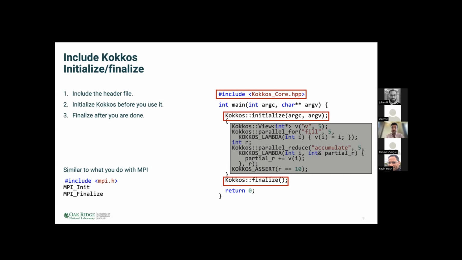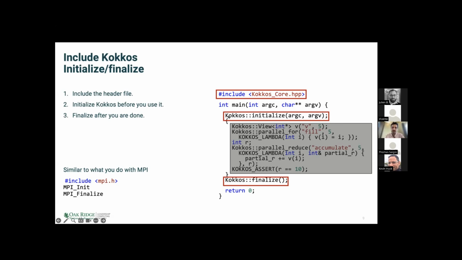So it's pretty simple, right? You initialize Kokkos before you use anything, and you pass through argc and argv. And this code is pretty irrelevant. I construct a view and launch a few things, and I just took the example from our get started.